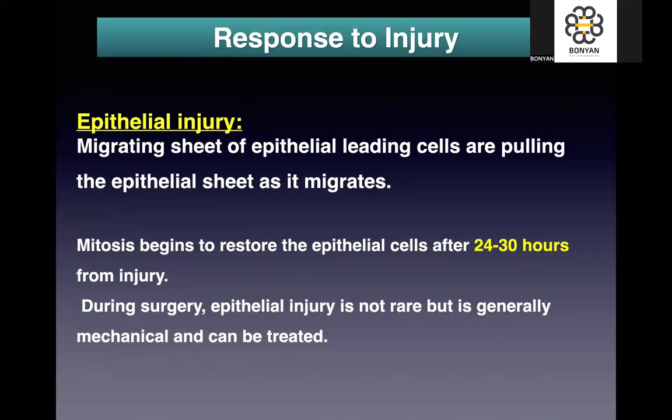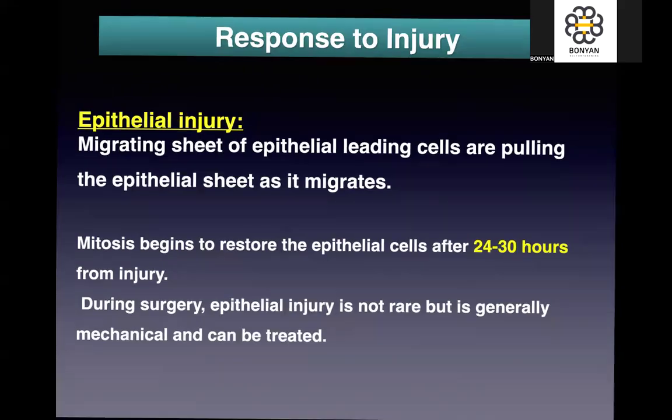Mitosis begins to restore the epithelial cells after 24 to 30 hours from injury, so an epithelial scratch or even epithelial removal during surgery will be compensated when the healing of this epithelium starts after 1 or 2 days from the removal. During surgery, epithelial injury is not rare, but it is generally mechanical and can be treated, so no worry on epithelial injury.